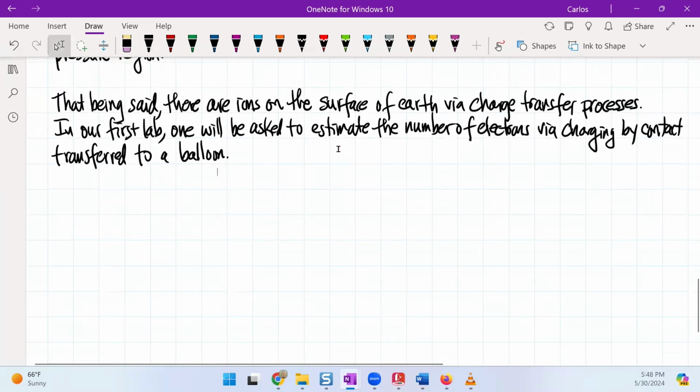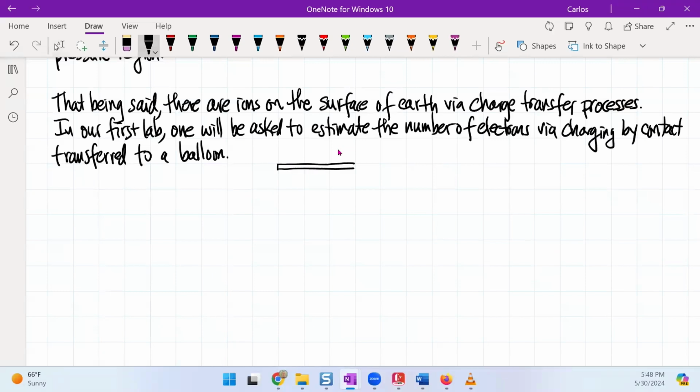So what you're going to do here is rub a balloon on your head. And when you do that, we're going to ask you to find something that you can attach it to. If you were in our lab, this would be wood or a whiteboard material.